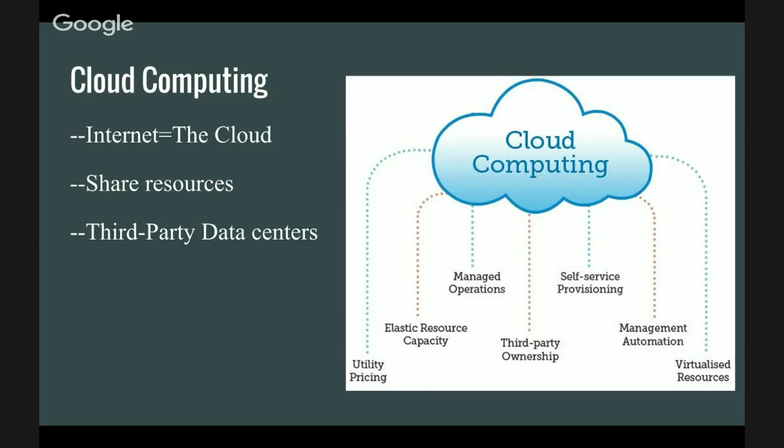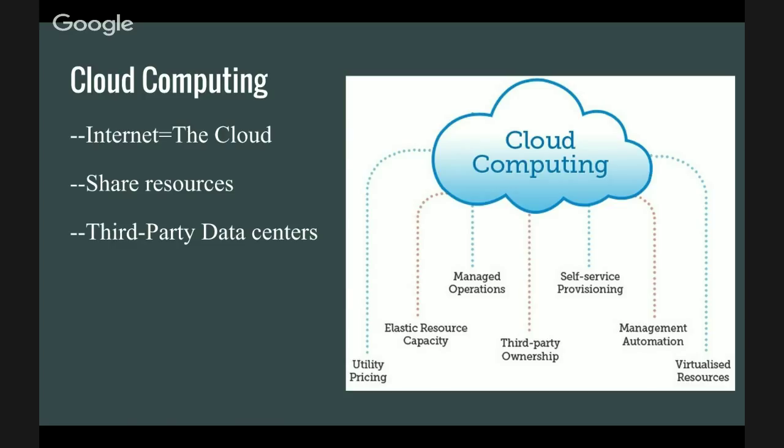The first is what is cloud computing. Cloud computing is a model for enabling access to a shared pool of computing resources. It allows users and enterprises to store and process their data in third-party data centers. We call it the cloud because we use the cloud as a metaphor for the internet.